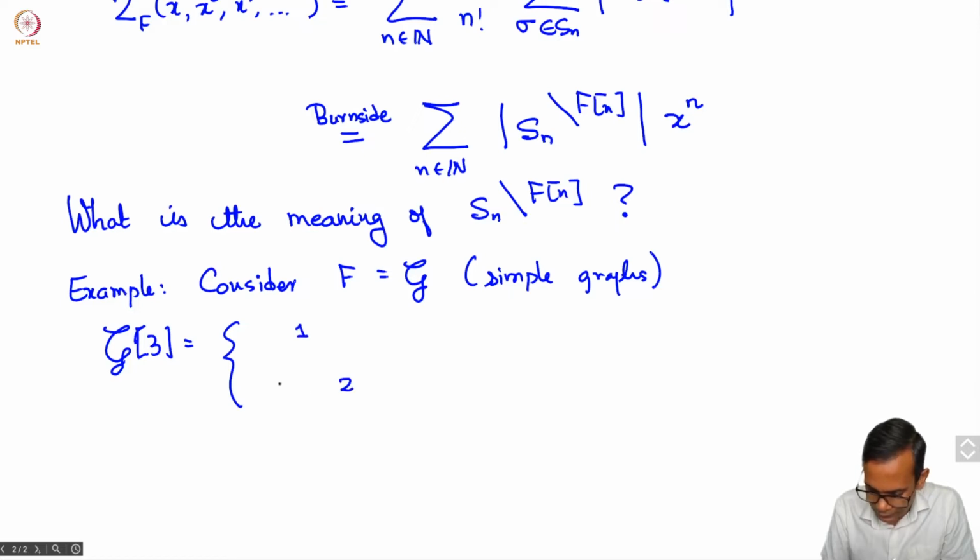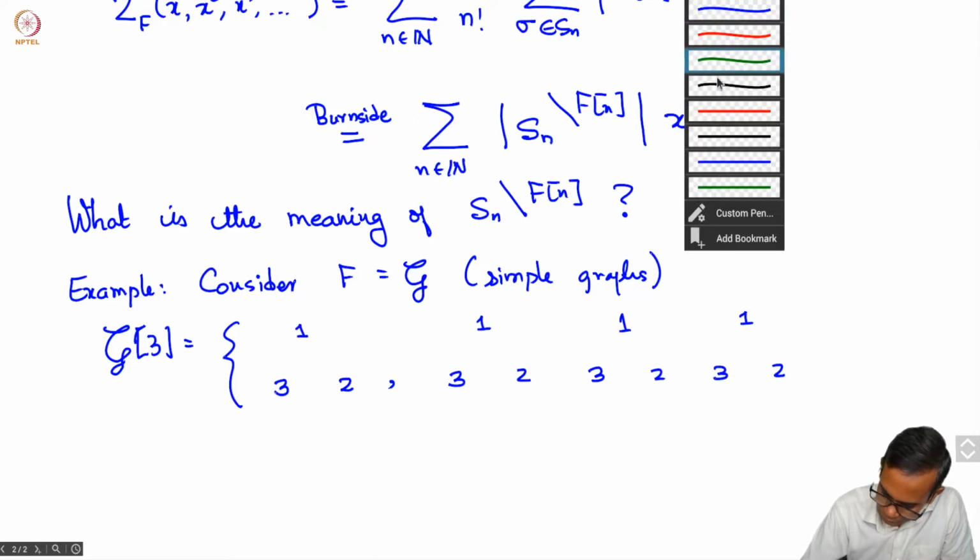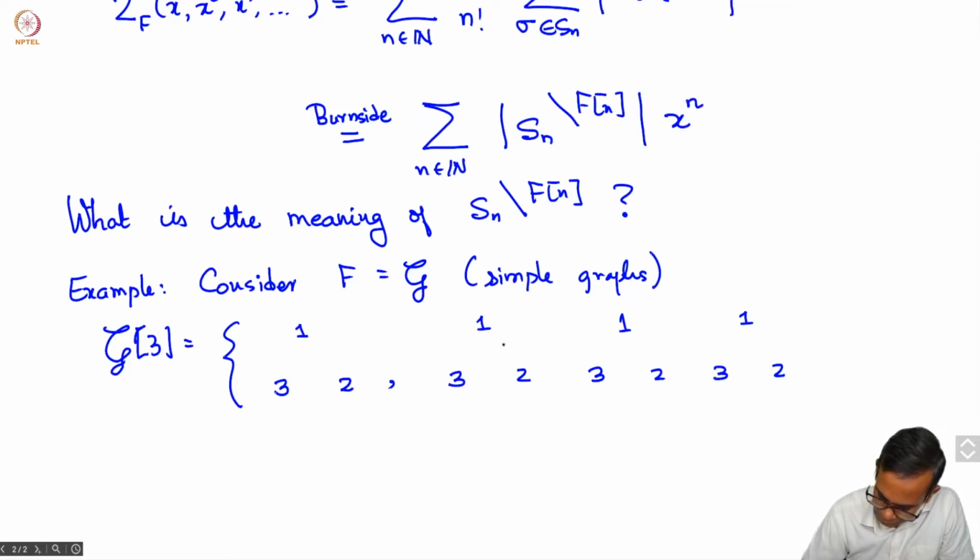So one is that you just put the discrete graph structure. There are 3 points and there are no edges. Then there are three graph structures with one edge. What you can do is put the edge either between 1 and 2, or between 2 and 3, or between 3 and 1.